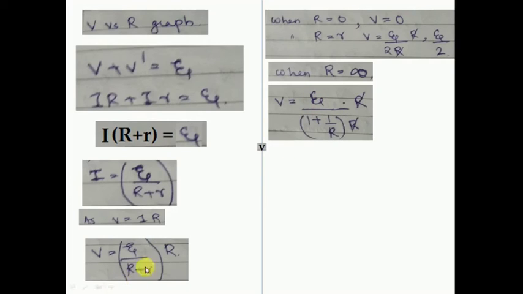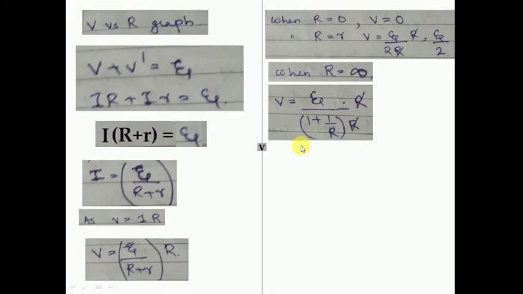In the same expression I am taking R common, so this will be small r by capital R. Please write this small r out here, I forgot it. So this 2R will get cancelled.